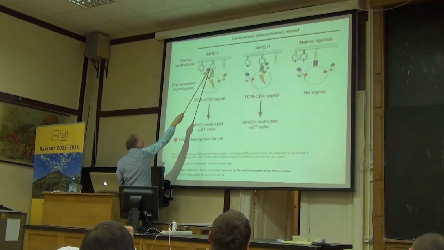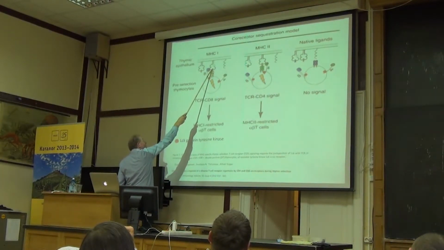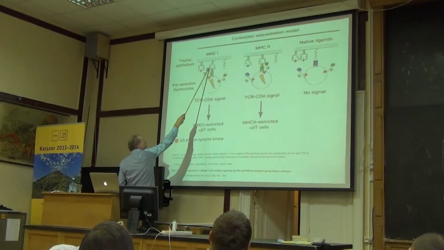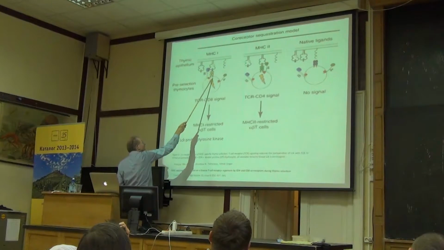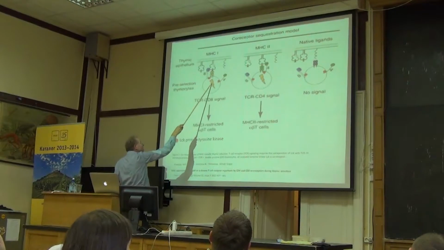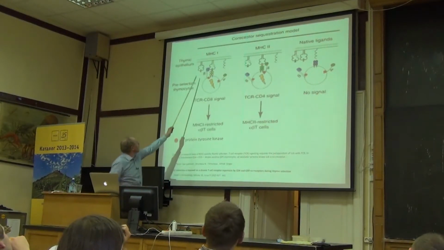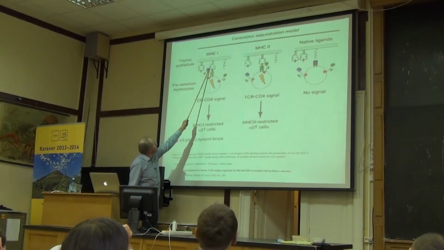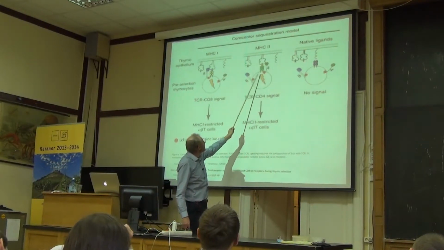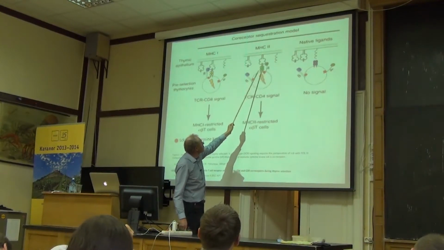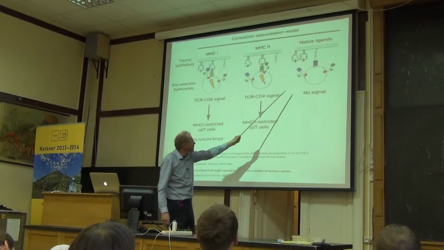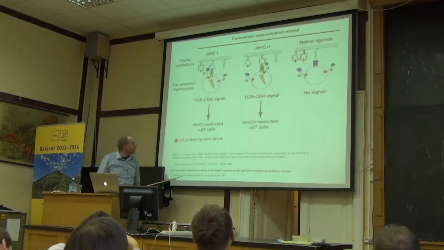When this engagement happens, when the MHC peptide complex comes near the T-cell receptor, the co-receptor can bind MHC, brings this kinase, the kinase starts phosphorylating these receptor components, and a signal occurs. CD8 binds to class 1, CD4 binds to class 2, and in that way, the LCK is always brought to the T-cell receptor and it signals. When there is no MHC, this cannot quite work, and we are not discussing this particular problem now.